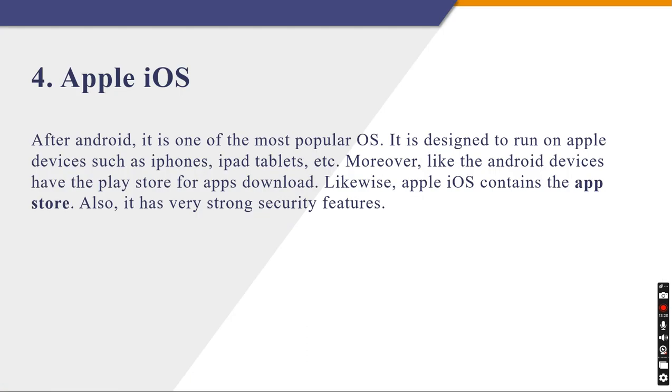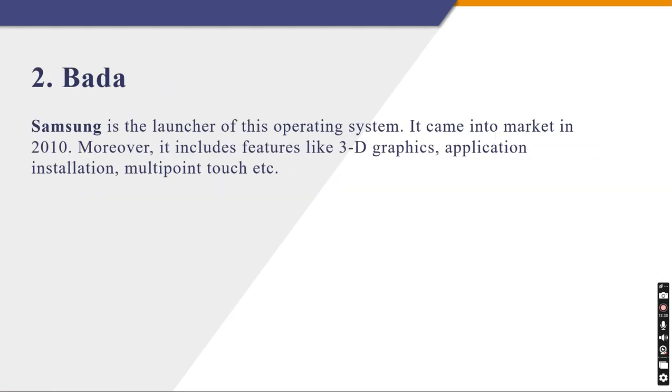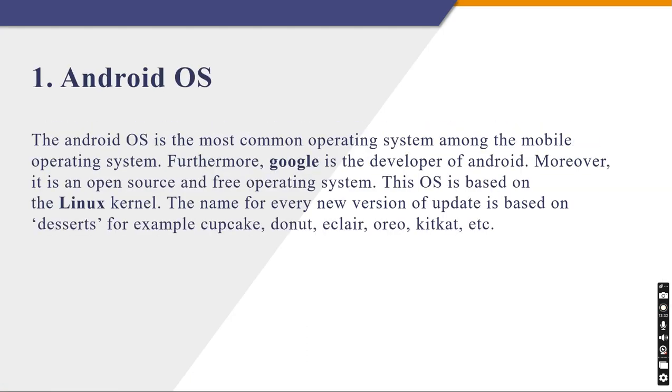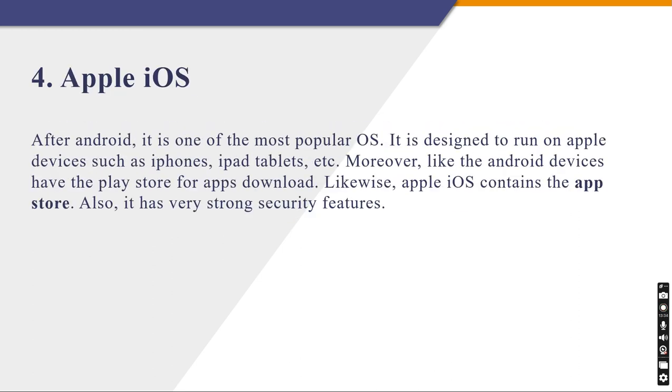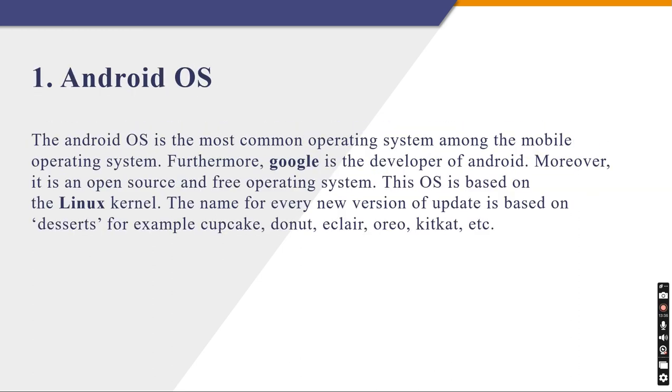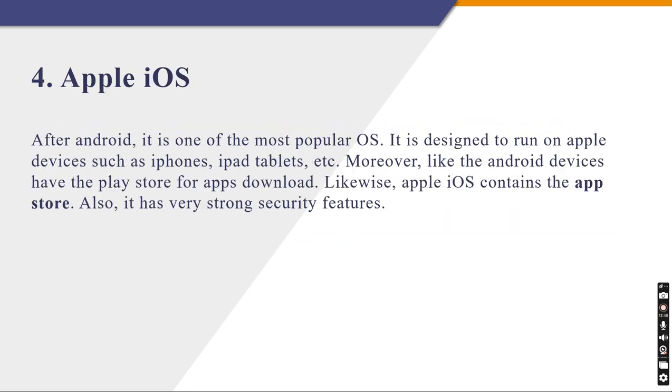Let's go to your slides. We can visually differentiate between Android OS and Apple iOS. The Android OS is the most common operating system among the mobile operating systems, as we saw earlier, and here we can see iPhone operating systems.